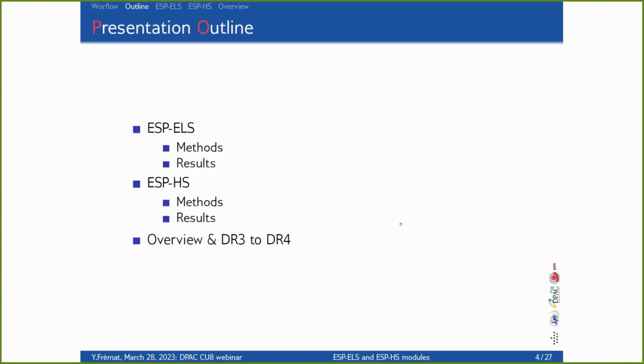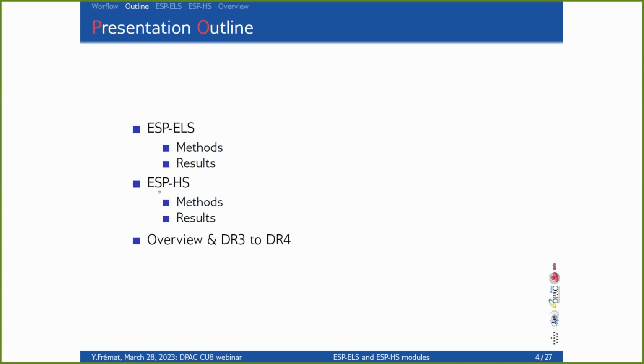This is the outline of my presentation. Throughout it, I will follow the workflow that we have in APSIS. I will start by giving some details about the ELS algorithms, discussing the methods, the assumptions, and the results that have been obtained.